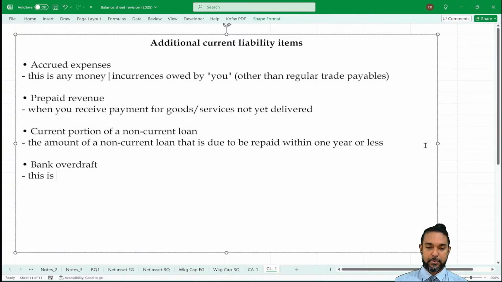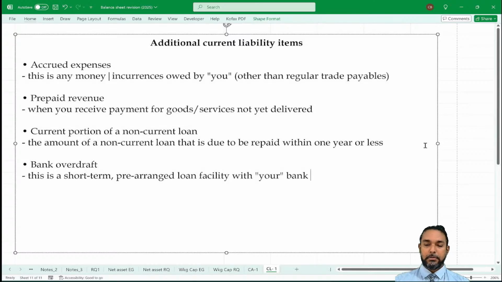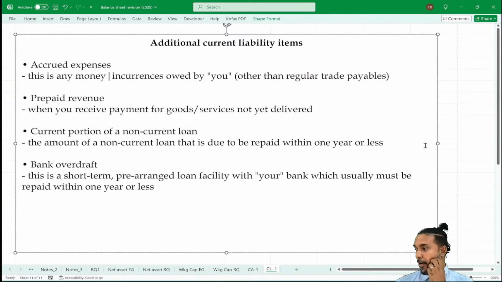So this is a short-term, on-demand, prearranged on-demand facility, which usually must be repaid within 1 year or less. All right.